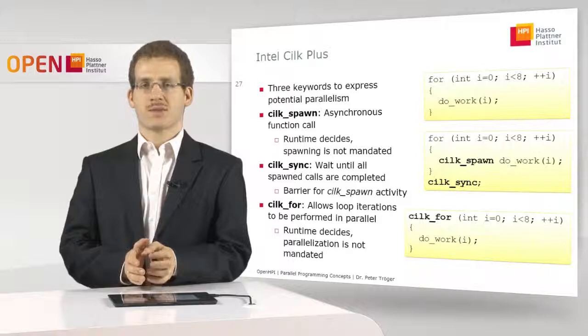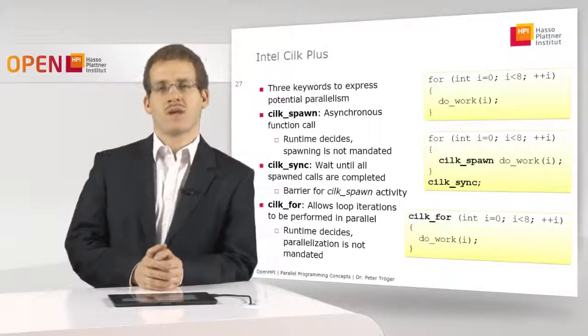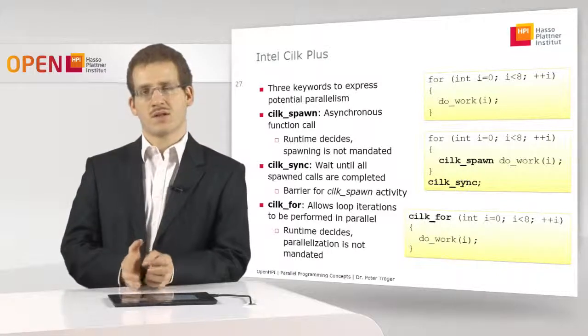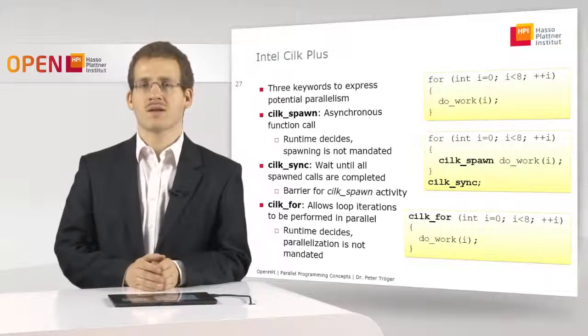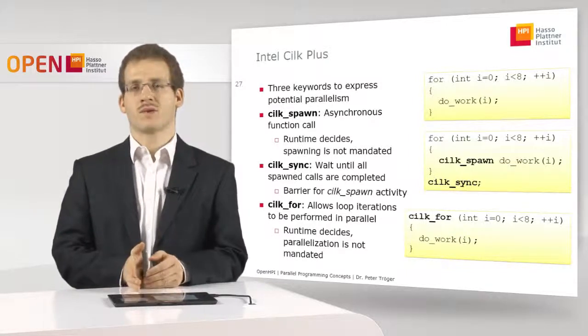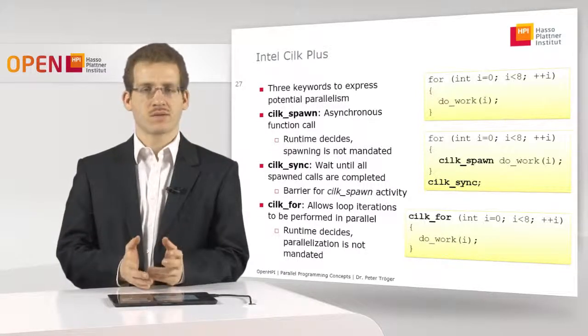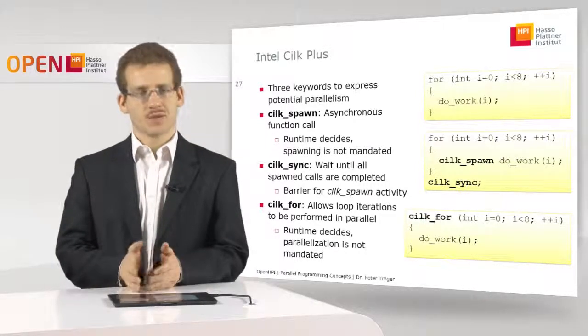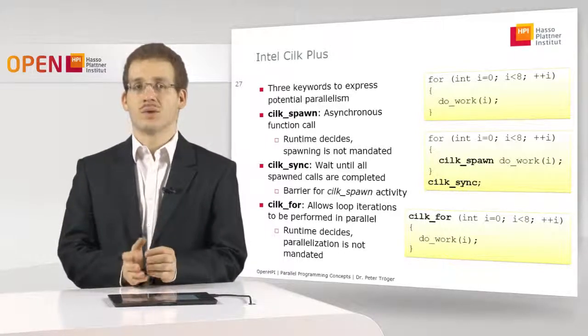The more interesting aspect of cilk_sync is that it also works for recursively created tasks. So whenever a function that was spawned by cilk_spawn itself again spawns new tasks, then cilk_sync will also wait for these tasks. So when you have recursive implementations, for example for a tree search, you can easily synchronize with the termination of all these activities by using a single keyword.